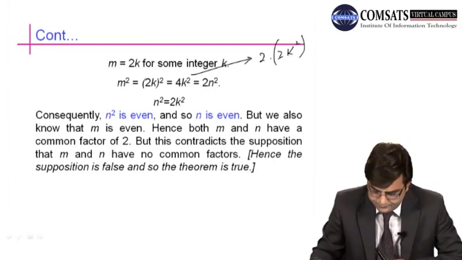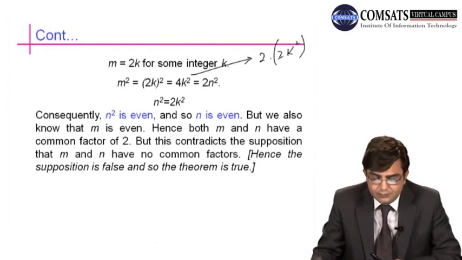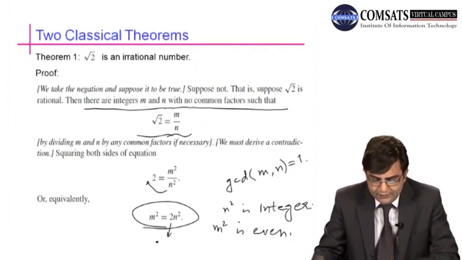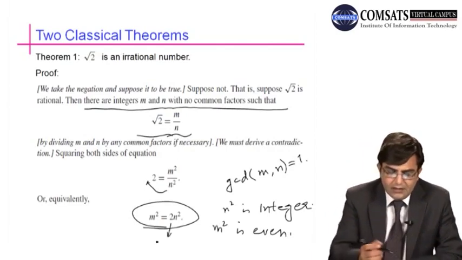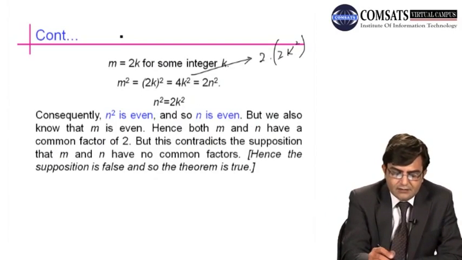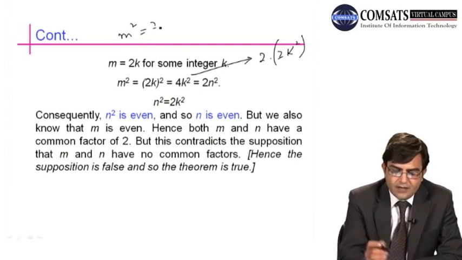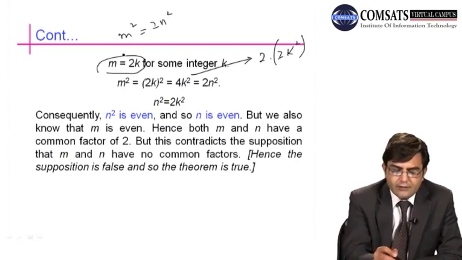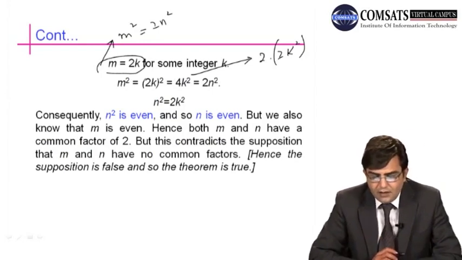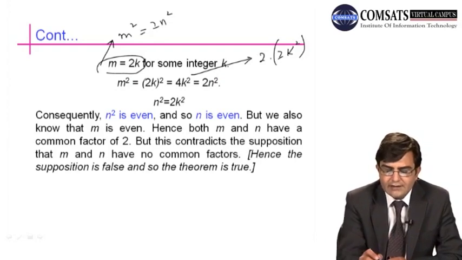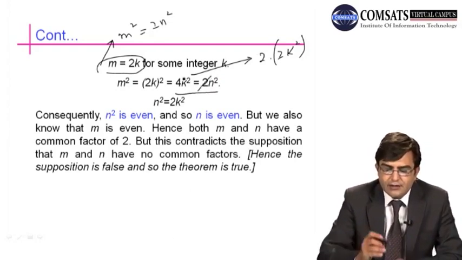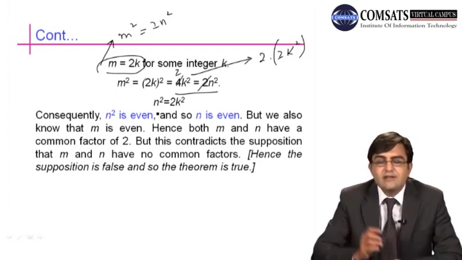As we have seen, m square is equal to 2n square. If we write m is equal to 2k and put the value of 2k here, we obtain 4k square is equal to 2n square, and 2 is cancelled out with 2 here, so n square is equal to 2k square.